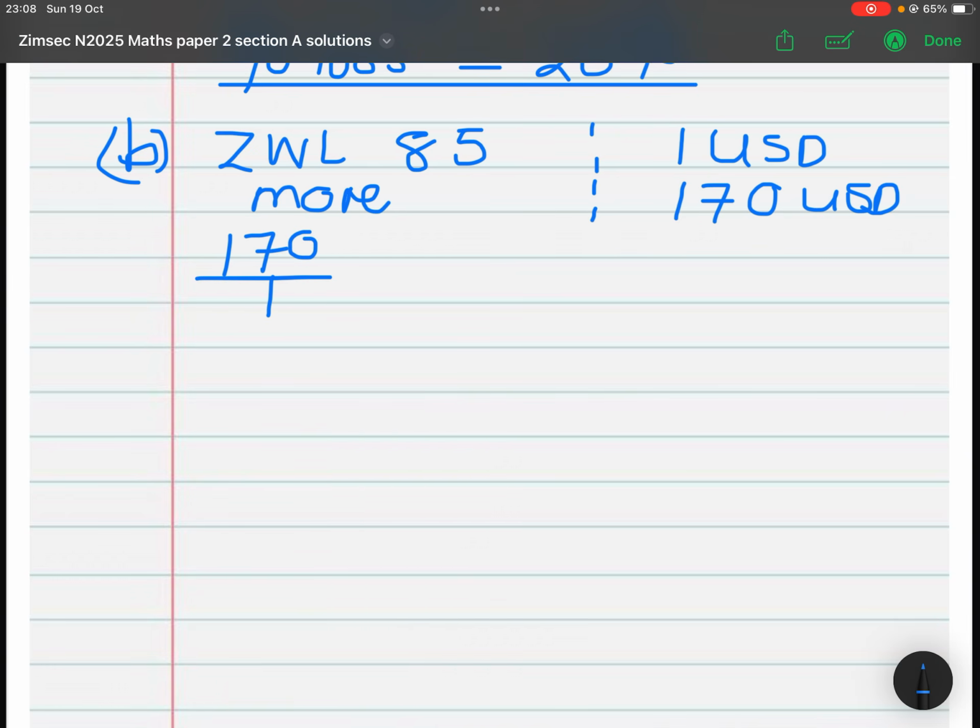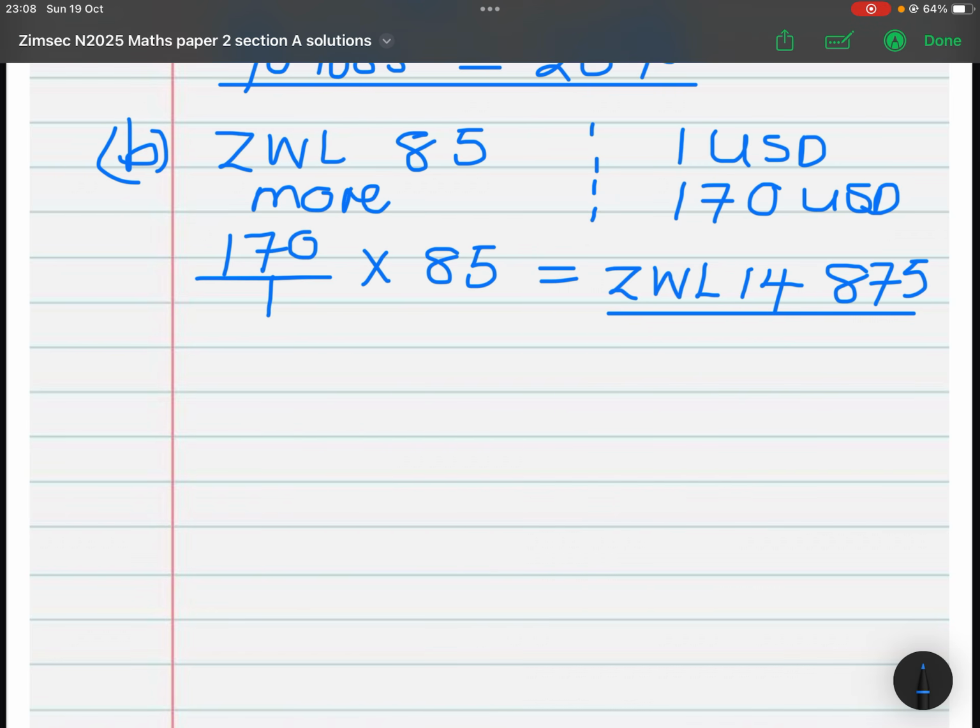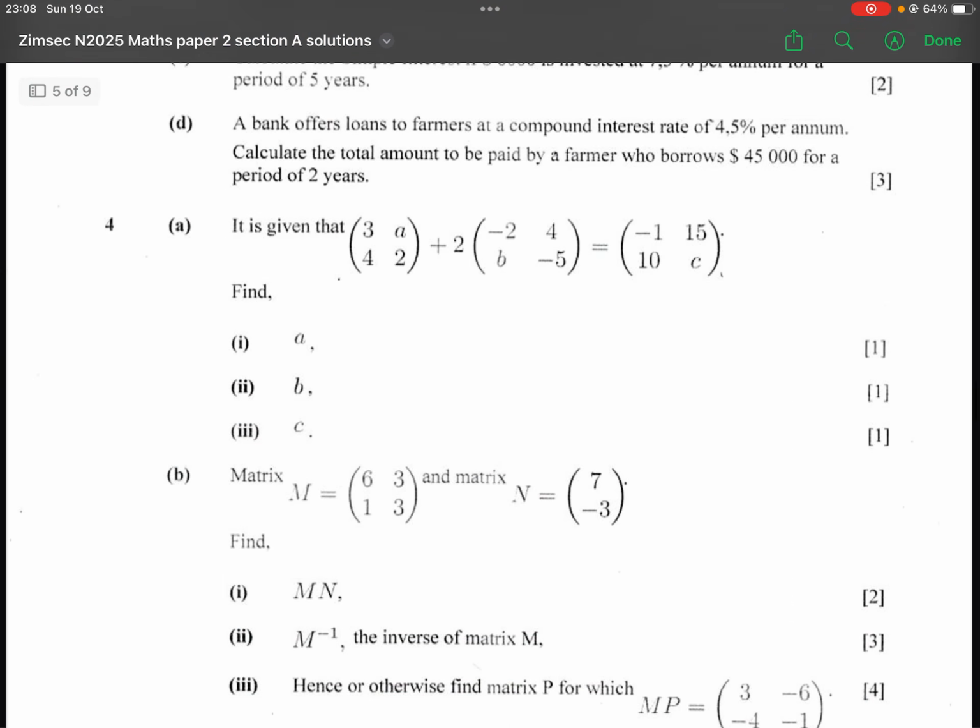So we say 170 over 1 times 85, so that we get our answer is ZWL 14,875. This is going to be our answer on the second part of the question. So we underline our answer. It is ZWL 14,875. And then let us proceed to part C of the question.